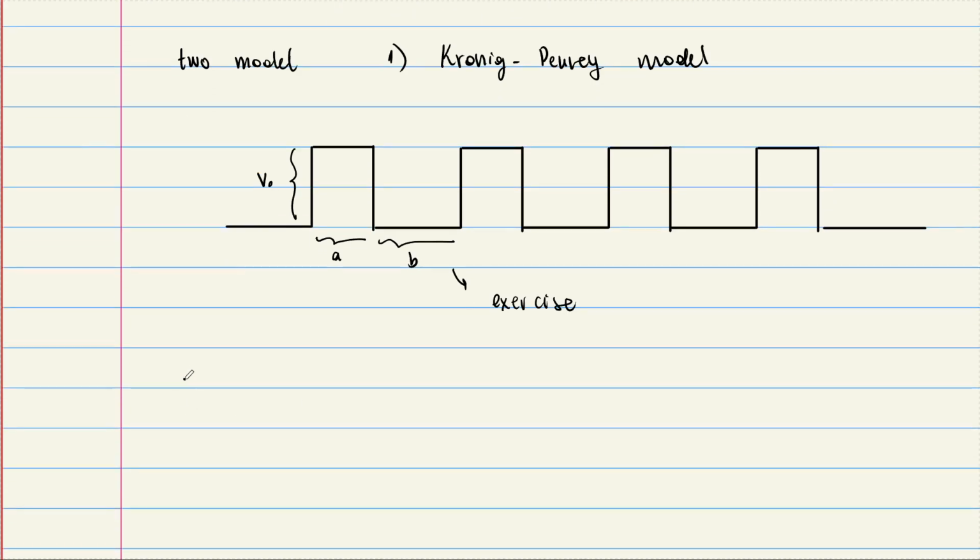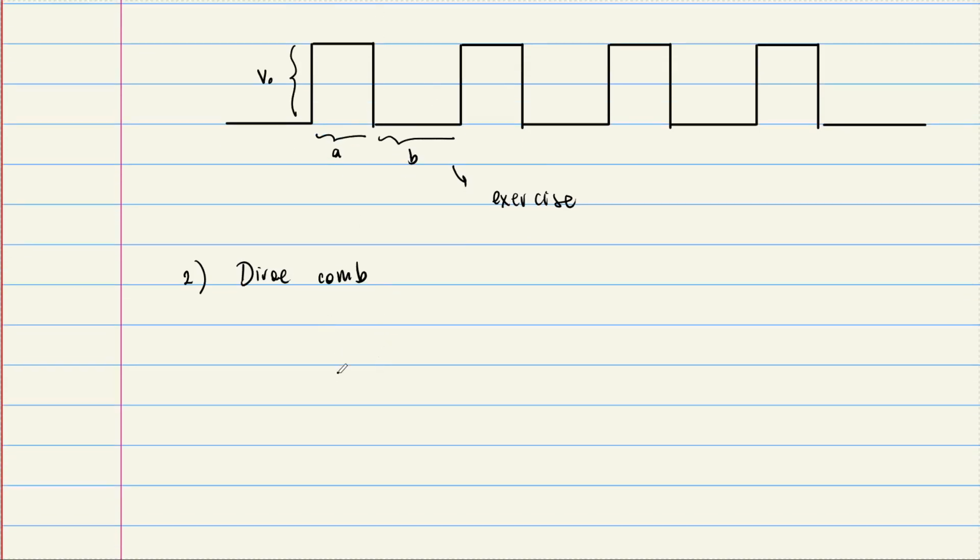The second and a little bit more friendly model is the so-called Dirac comb. In that case, rather than this potential, we are going to have these delta functions. And they just repeat.